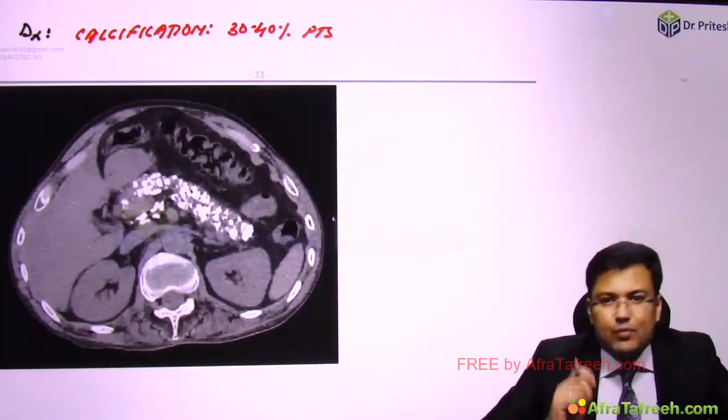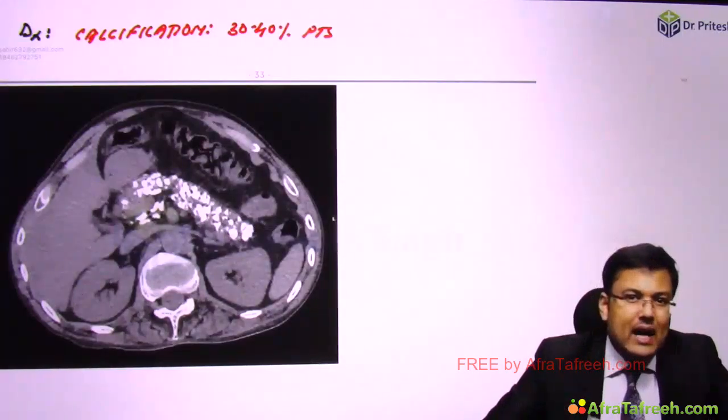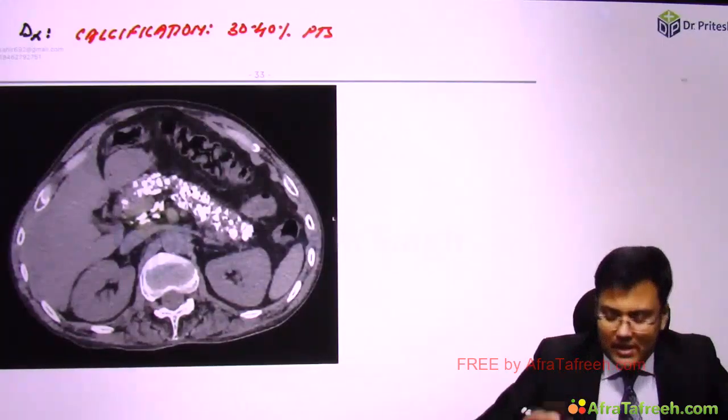Sometimes they give you plain X-ray abdomen and they are going to ask you what's the diagnosis. If you see this X-ray, you can notice that there is evidence of stone in this region. And what is this stone? Actually, it is in association with chronic pancreatitis.